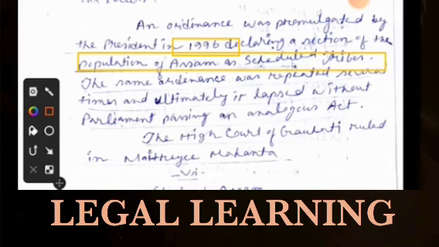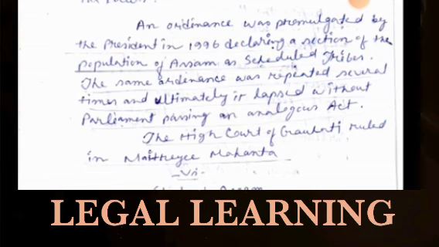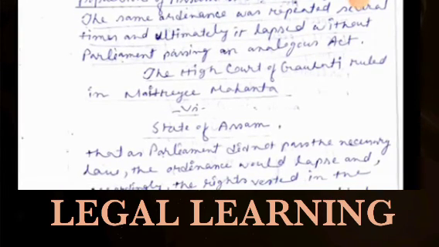There was no legislation; Parliament didn't pass any act, and it lapsed. The High Court in Guwahati ruled in Maitreya Mahanta versus State of Assam that as Parliament did not pass the necessary law, the ordinance should lapse, and accordingly the rights vested in the communities by the ordinance should also lapse.